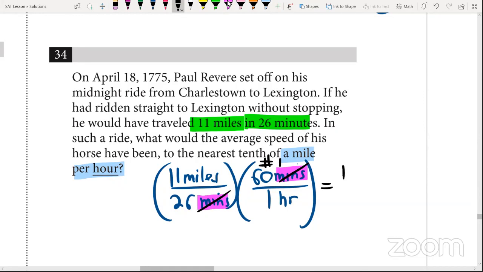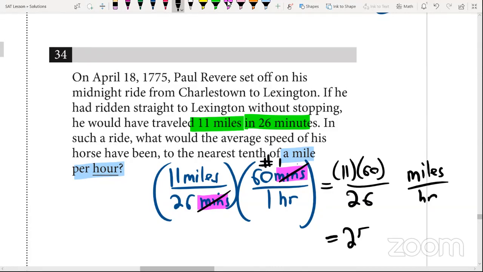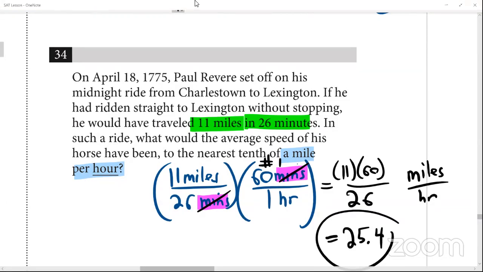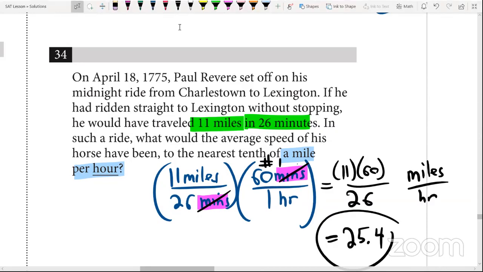And you get 11 times 60 divided by 26. And the units remaining are miles per hour. So what's 11 times 60 divided by 26? 25.38. But they're asking to the nearest tenth, so we'll say 25.4. And that's the answer for number 34, 25.4.